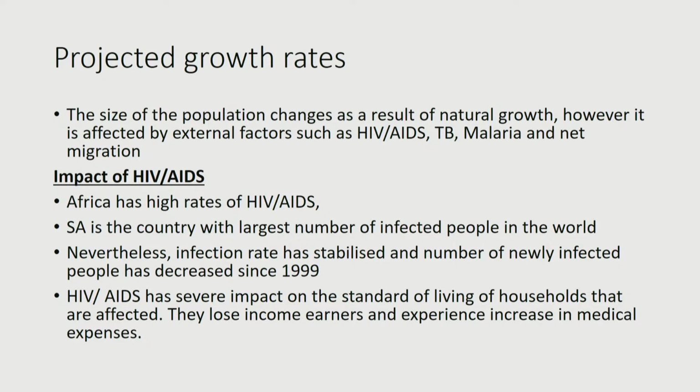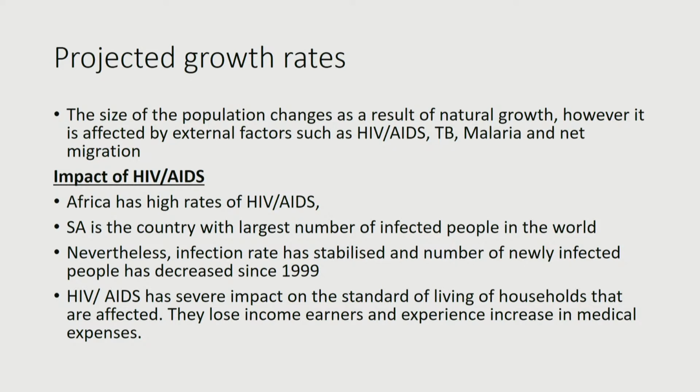So, the impact of HIV is that Africa has high rates of HIV and AIDS. And maybe one would say it's because of lack of education in Africa, lack of proper health care in Africa. South Africa is the country with the largest number of infected people in the world.